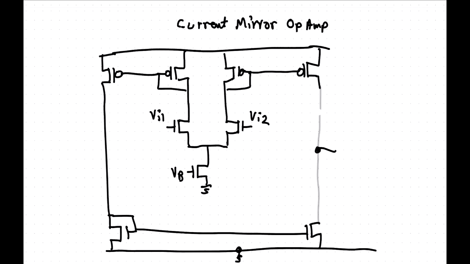Now, if we want to have gain, then what we do is put in cascodes. So you get rid of that one there and then put in cascodes here and here. Let's call them VB1 and VB2. And this is your current mirror op-amp.